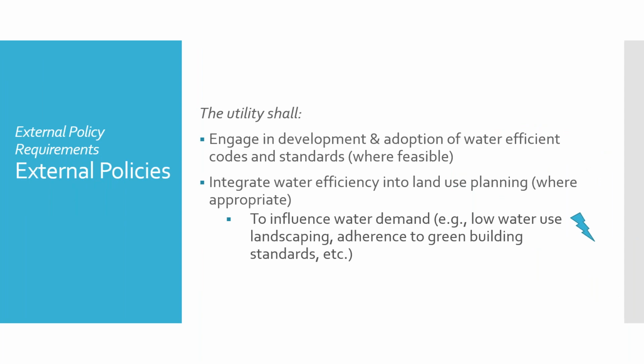So for external policies, there are requirements to advance water efficient codes and standards, hopefully by participating in those local codes and standards developments or advocating for them. And that can include standards for including more water efficient plumbing fixtures or landscapes. New to this version of the standard is a provision to look to integrate water efficiency into land use planning.